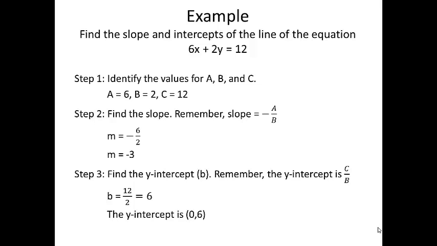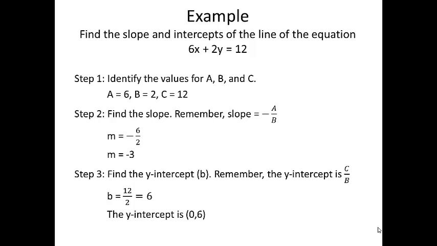Next, we can find the y-intercept. Remember, the y-intercept is C over B. Please note that when we refer to the y-intercept, we use a lowercase b. When you see a capital B, we are talking about the coefficient, the number that appears before the y term in the standard form of the equation.